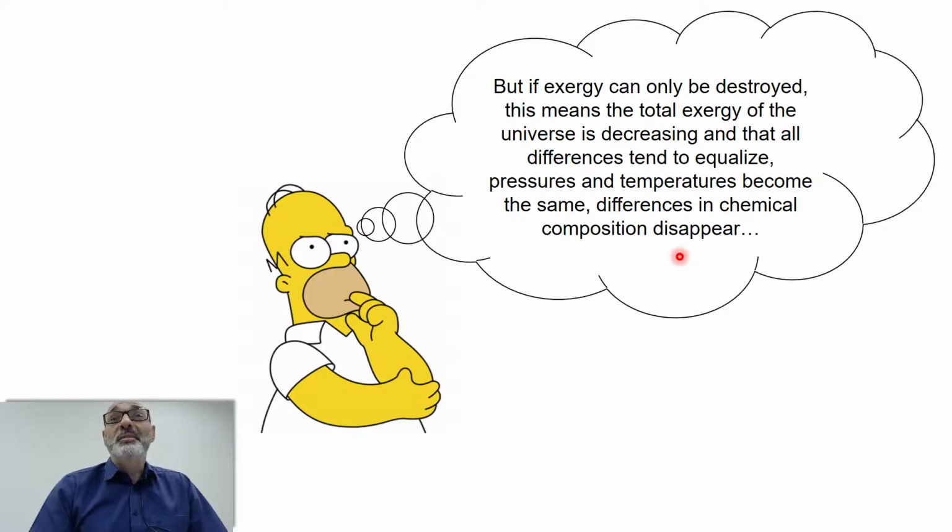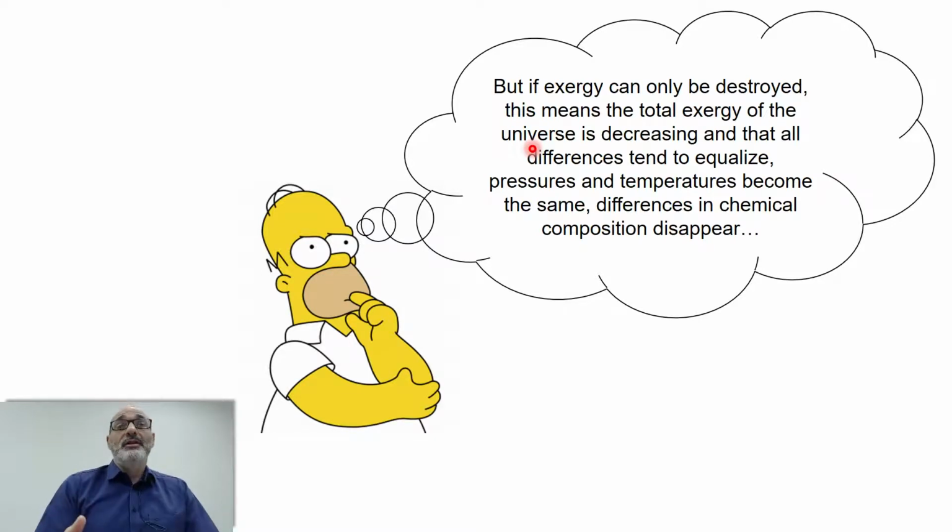So Homer Simpson is thinking, he is considering the universe as a closed system. That's why this consideration is here. Remember, we are analyzing a closed system.